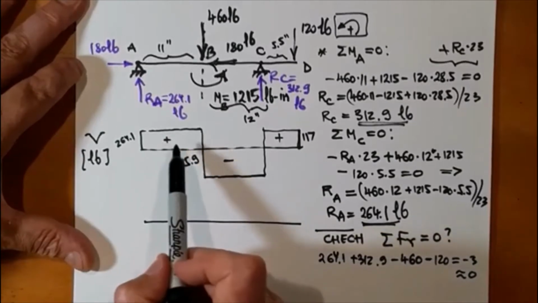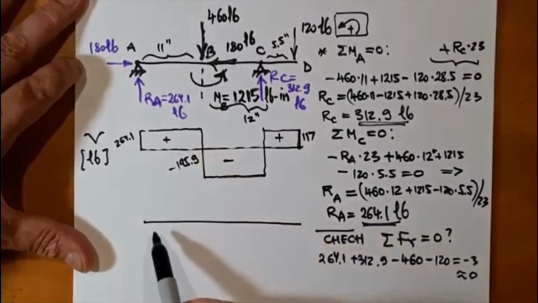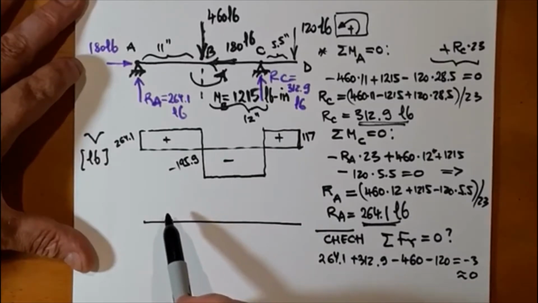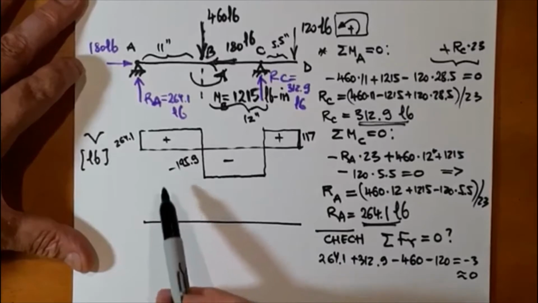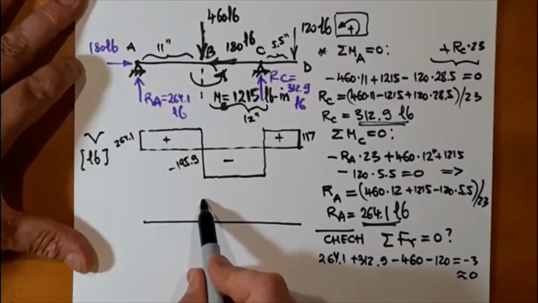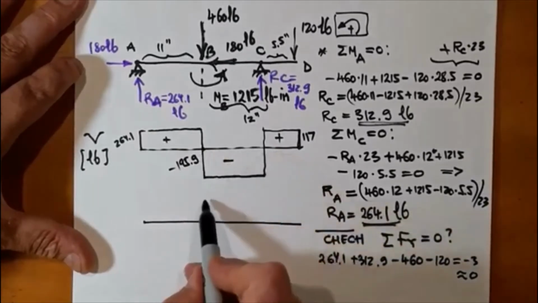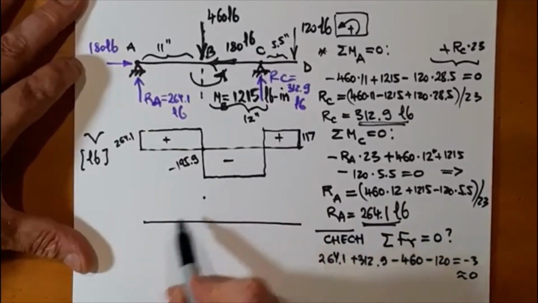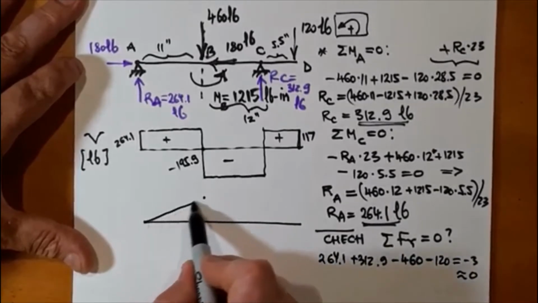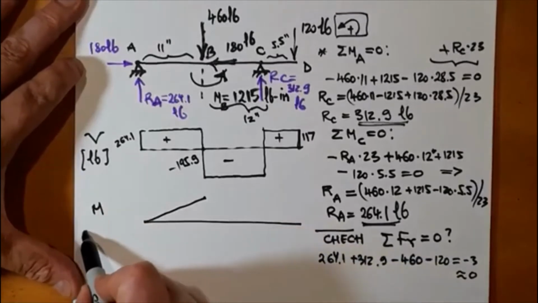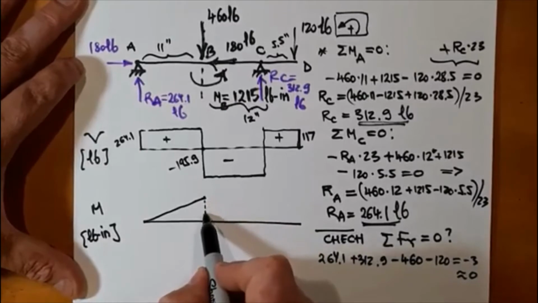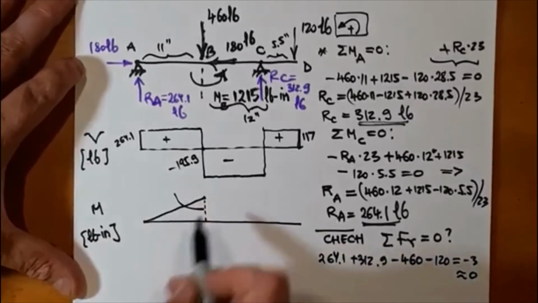I have a positive slope, and the positive slope is 264.1, and here, because of the 0 on the V diagram, I'm expecting a maximum, but it's not a smooth maximum, rather a cusp on the diagram. So again, moment units are pound-inch. And what's the magnitude of this moment?